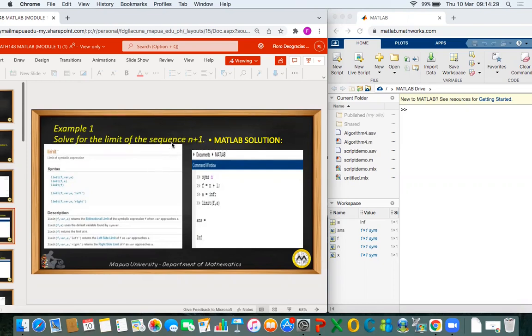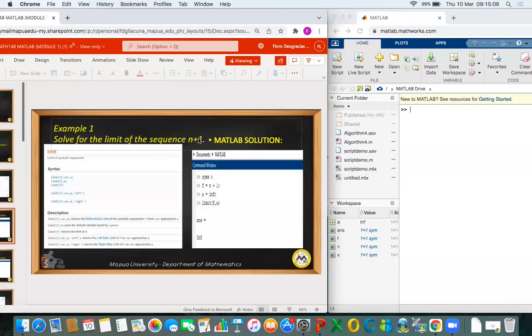If we are to evaluate this limit of the sequence n plus 1 as n approaches infinity, the result is what, class? Manually, what's the answer? Limit of n plus 1 as n approaches infinity. Okay, the answer is infinity, class.